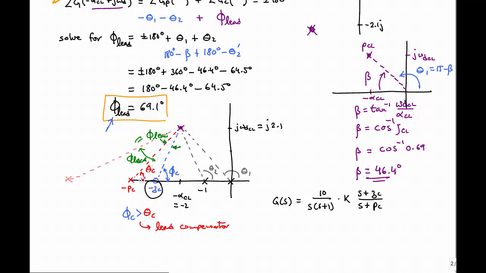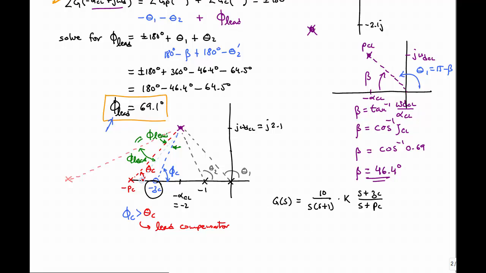If I move it to the right, then the angle that it's contributing keeps growing. It'll actually grow past 90 degrees. But that's okay, because I can move the pole in close to it, and we can still get a difference between the two angles that's equal to the phase lead that we're trying to achieve.